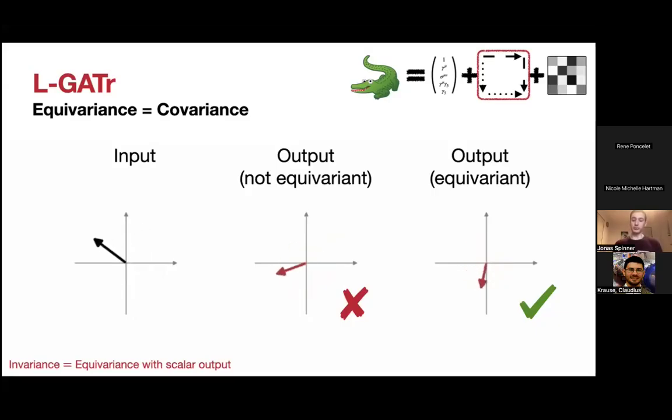The way we want it to transform is that it rotates in exactly the same way as the input vector. And this is exactly what an equivariant model will achieve. And yeah, now the question is, how can we get that? And as we will see, the L-GATr architecture does this in a scalable way. There are a lot of ways to do it essentially, but the big benefit of L-GATr is that it's very, very numerically stable and easily scalable.